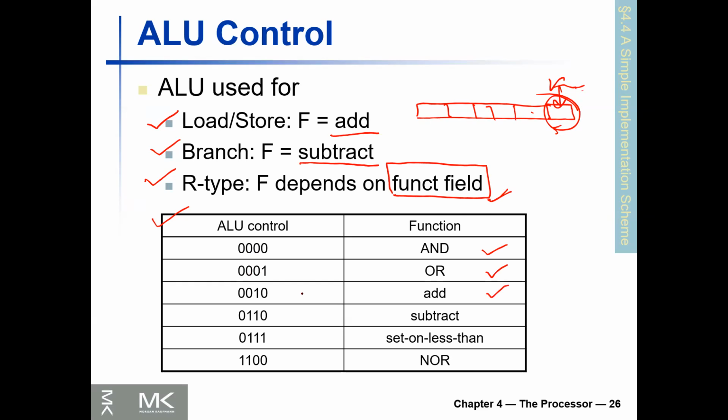For add it is 2 basically, and 0110 is for subtraction. 0111 is set on less than, and 1100 is NOR basically, okay. So the function field will basically decide which type of function is going to be performed. So it is like that basically.